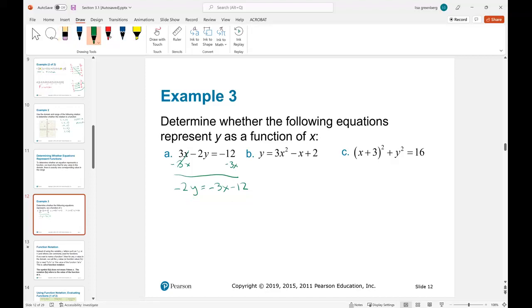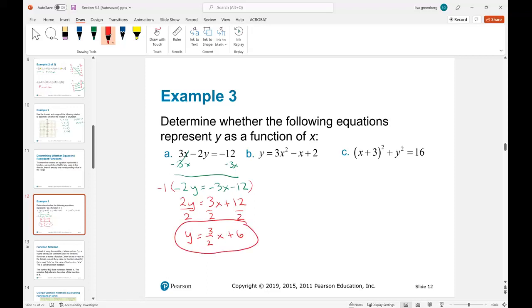Another thing that I would do is, since every one of them is negative, I can just multiply both sides by -1, which gives me 2y equals 3x plus 12. And then I'm going to divide everything by 2, and I get y is equal to 3/2 x plus 6.